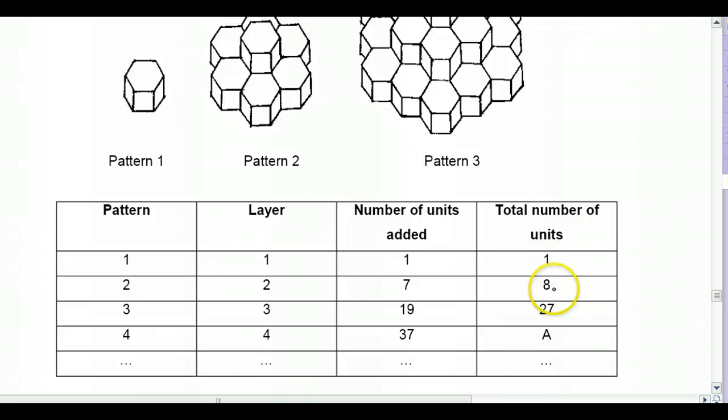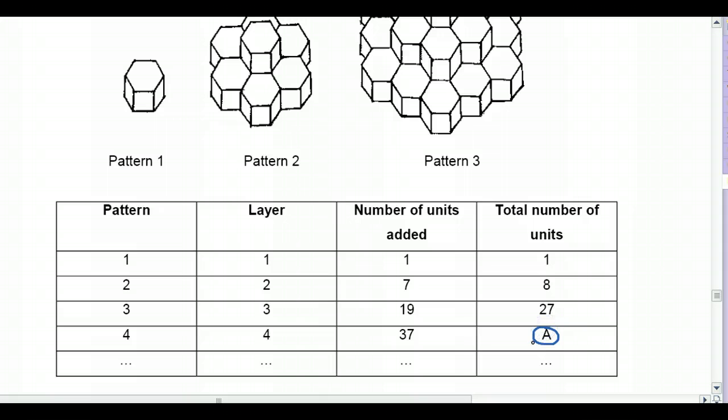Number of units altogether will be 7 plus 1, which is 8. Layer 3, and the pattern 3, number of units added will be 19. Number of units will be 27. So now I want to find what is A in layer 4.